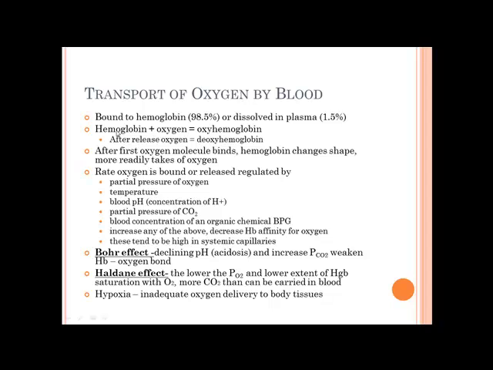Hemoglobin that is oxygenated is referred to as oxyhemoglobin. So when hemoglobin has lots of oxygen on it and it's got all of its oxygen, it's called oxyhemoglobin. After it starts to release oxygen, it's called deoxyhemoglobin. If my hemoglobin releases all of its oxygen, it starts to pick up carbon dioxide. We call it carbaminohemoglobin. That will come up in a later slide. I'll point it out again.